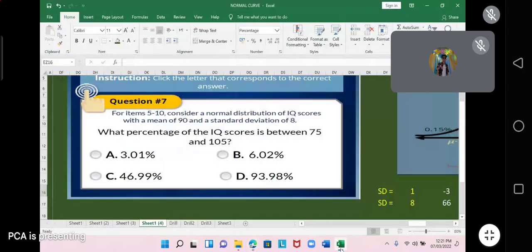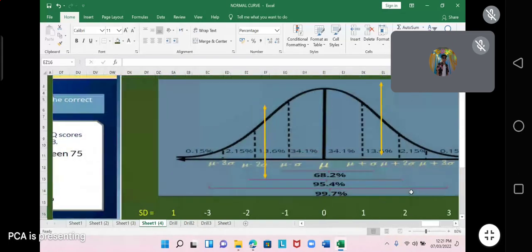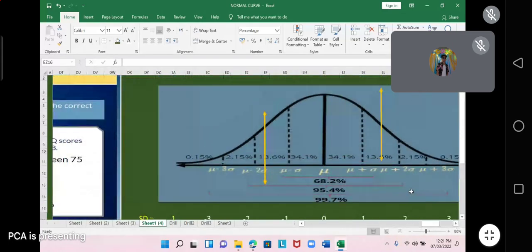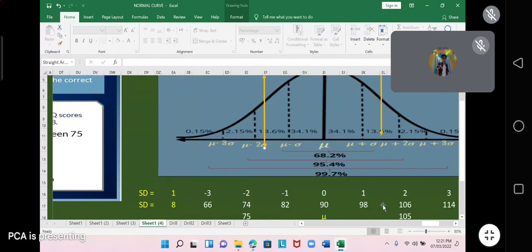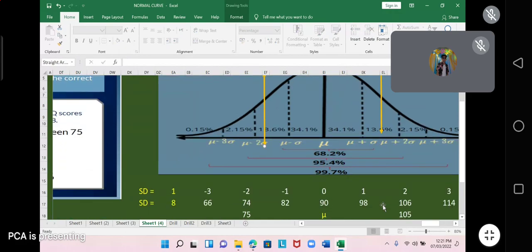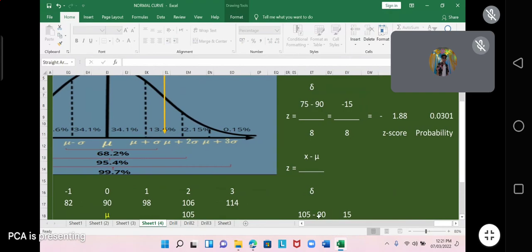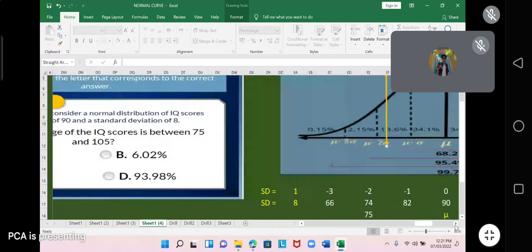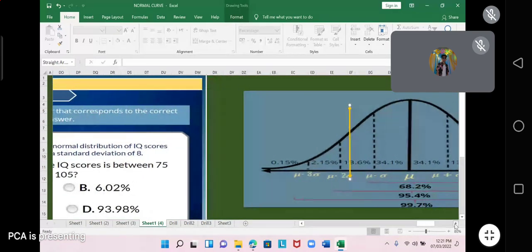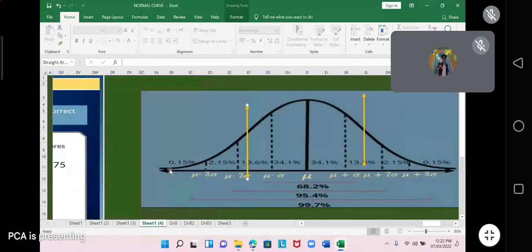So big area first, no? Why? Because we are using actually the cumulative percentage, no? Sorry, cumulative frequency tuloy. Cumulative, ano to? Diyos ko po. Using the cumulative percentage, no? So when we say the area from there to there, what is that? Cumulative percentage. From here to there, no? 1.88.